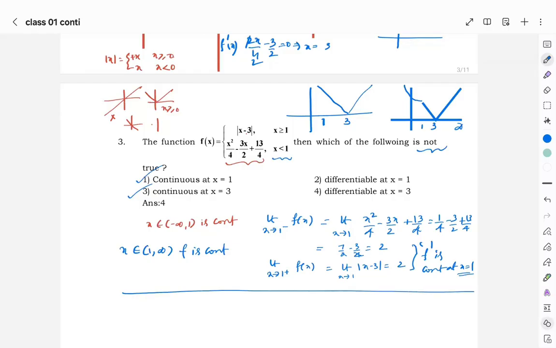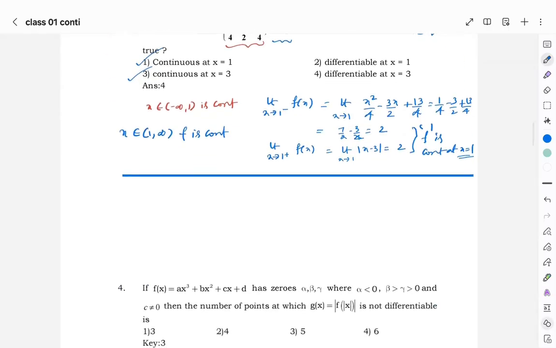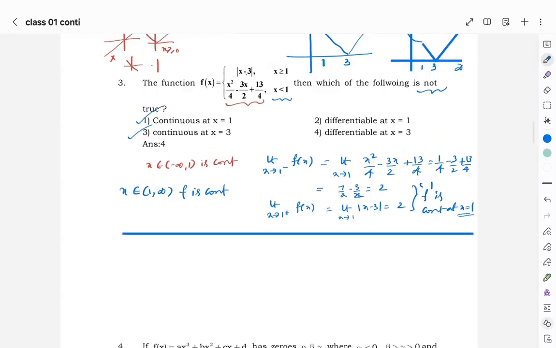Regarding differentiability, a function f is differentiable at x equal to a if limit x tends to a of f of x minus f of a by x minus a exists.